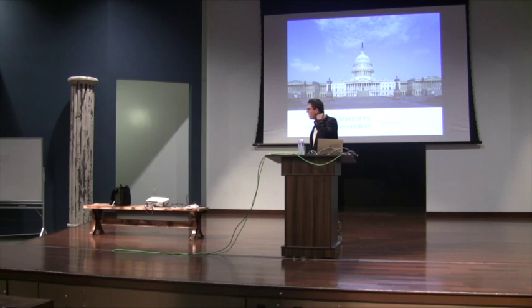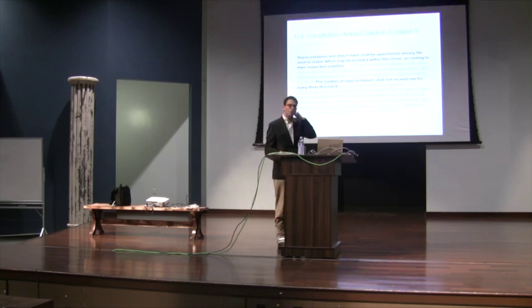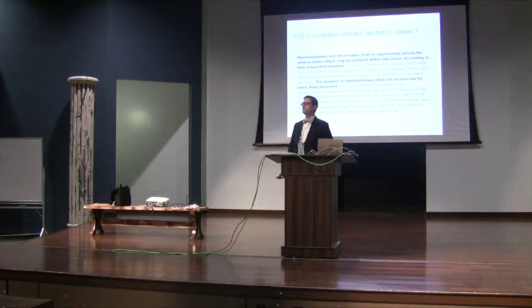So the story has its preamble really in the Constitution itself. Article 1, Section 2 of the Constitution talks about how the House of Representatives is supposed to receive its population.